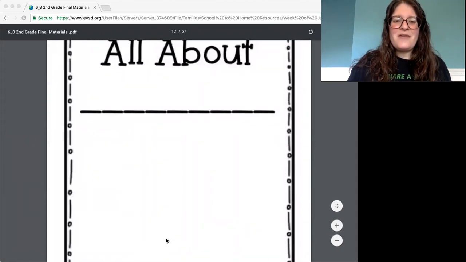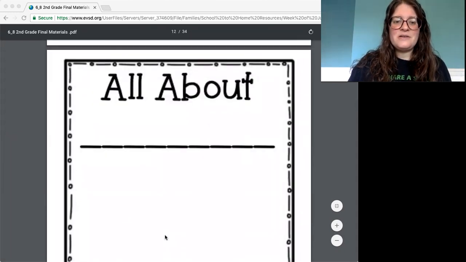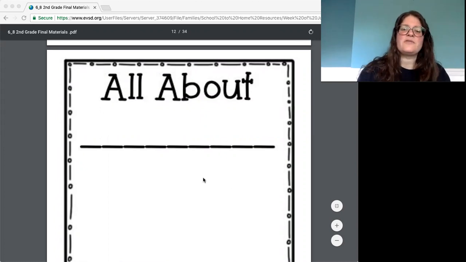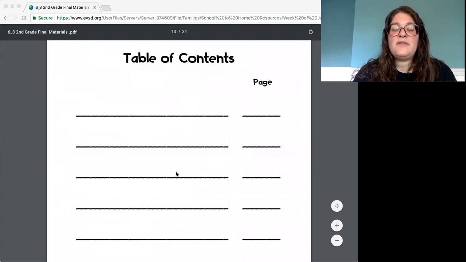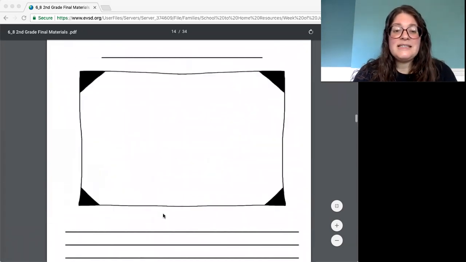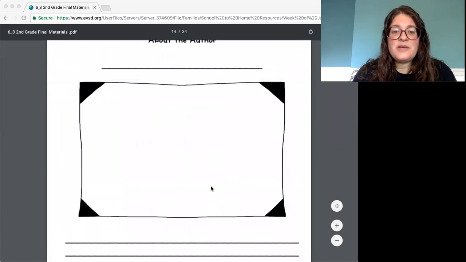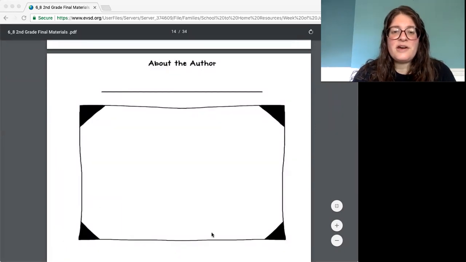So we're gonna make a cover page. So you get to use your great illustration skills all about, I would write walruses if I was doing the one from my classroom. And I would have a table of contents like the walrus's habitat, the walrus's diet, fun facts. So those would be my table of contents. And then here you'd get to draw a little picture of yourself or about the author.